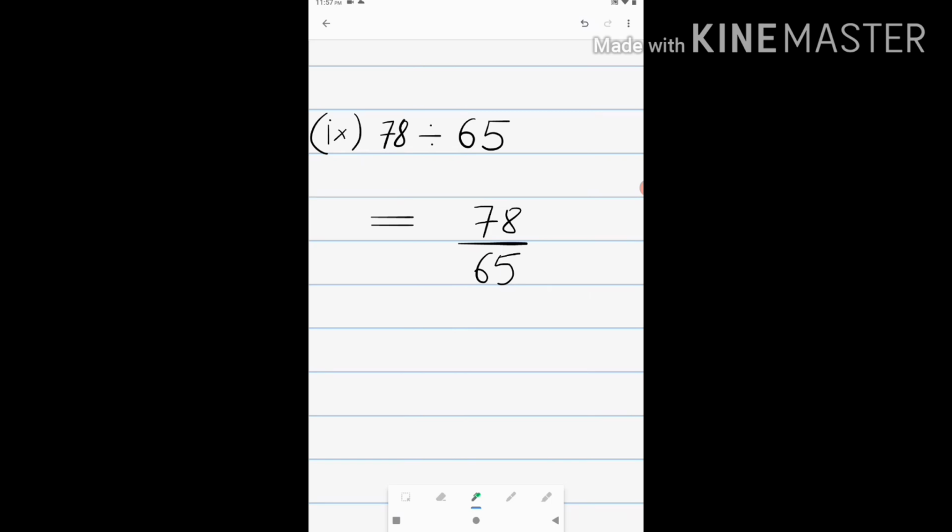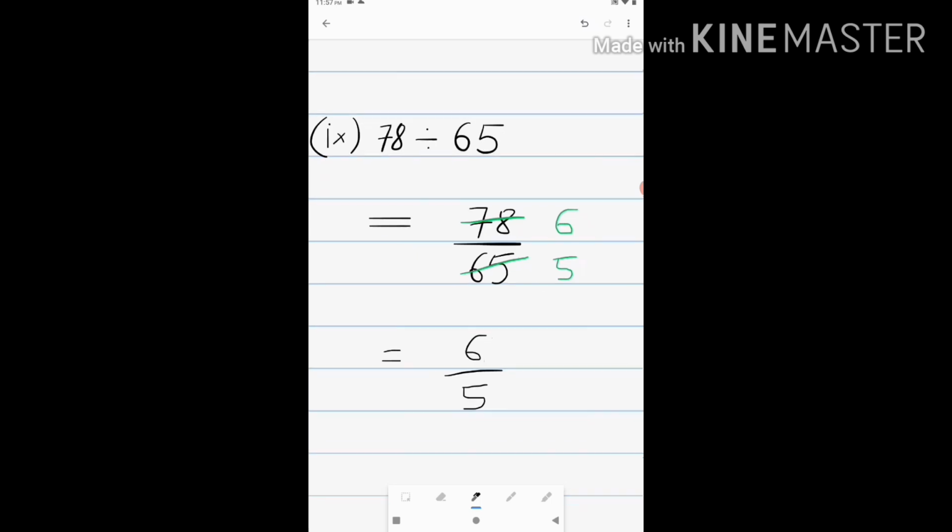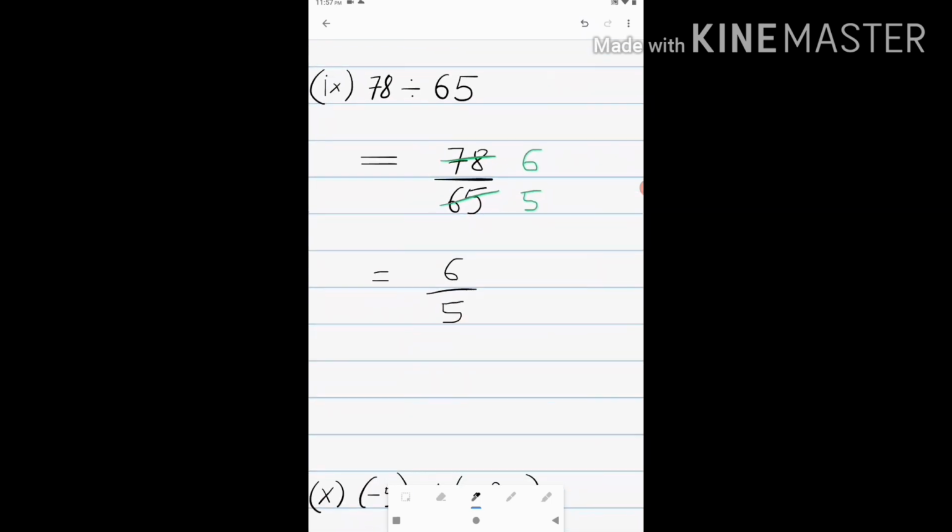So we will begin with this. 13 6s are 78 and 13 5s are 65. So this becomes 6 and 5, 6 upon 5. So our answer will be 6 upon 5. Simple enough. There is no sign here, so we don't need to put any other sign. No sign means positive sign.